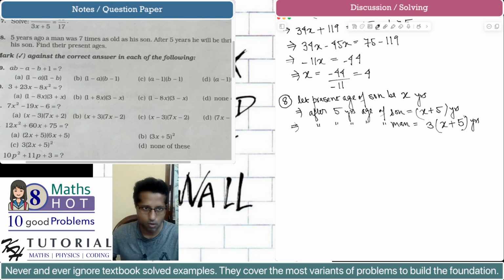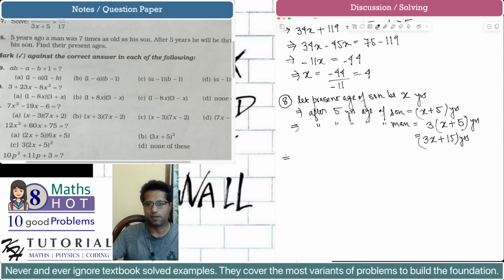Now it is also given that 5 years ago, a man was 7 times as old as his son. So what we have got is that the present age of the son is x years, and after 5 years from now, the age of the man is 3 into x plus 5, which is equal to 3x plus 15. This is the age of the man after 5 years.